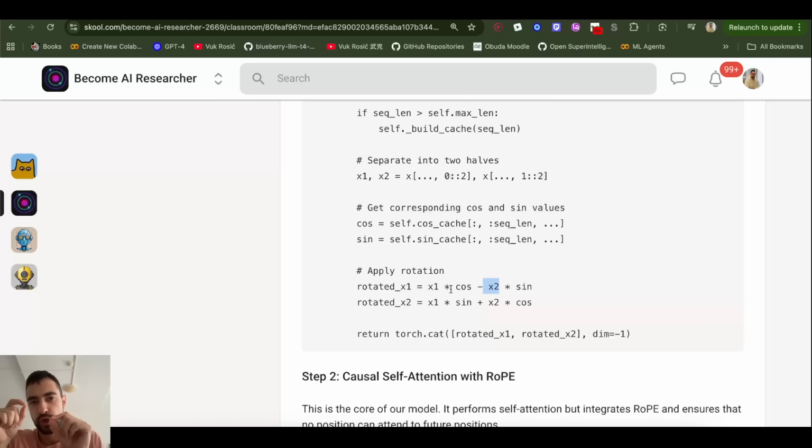You want to rotate closer tokens or early tokens in the sentence maybe less, and later tokens in the sentence more. So the later the token, the more you want to rotate its vector. That's how, by this rotation, the neural network will learn the order of the tokens. It will just see how much every token is rotated to understand their orders.